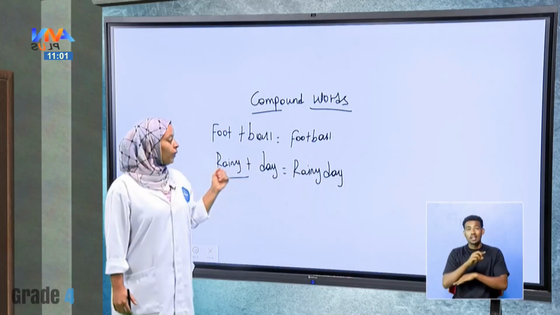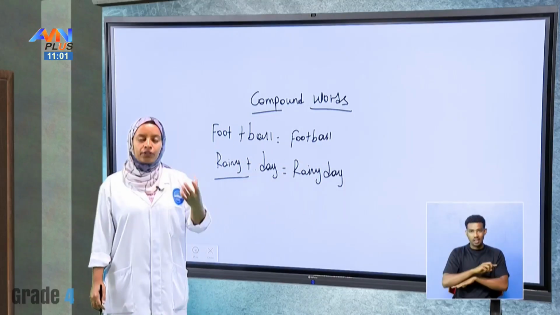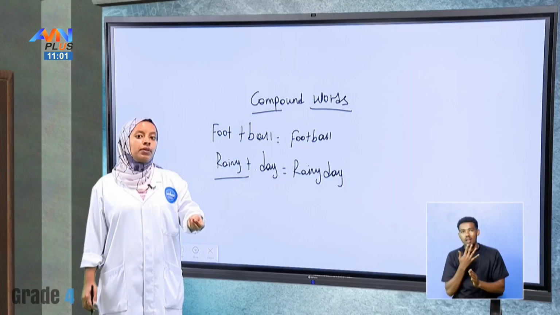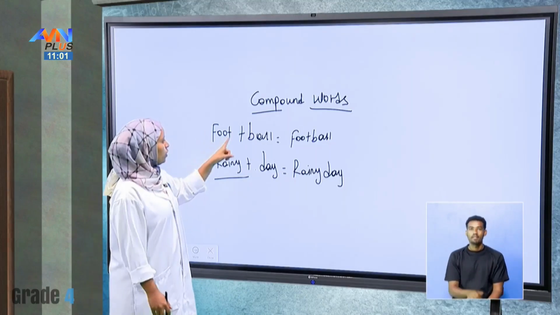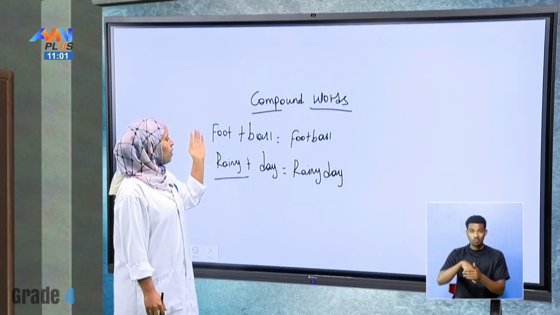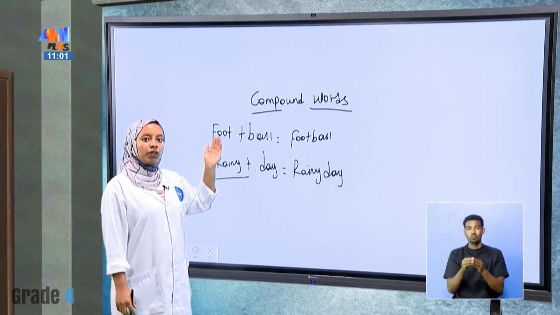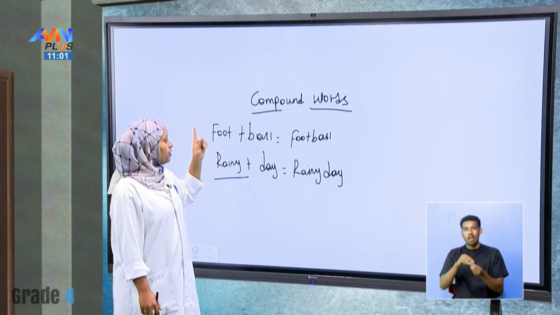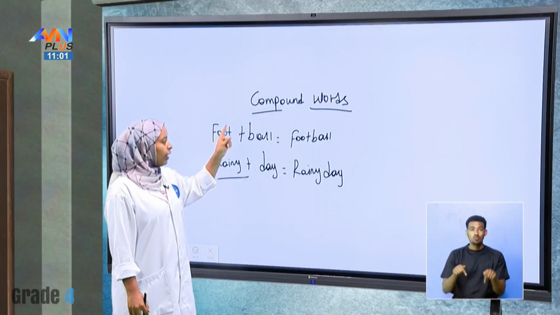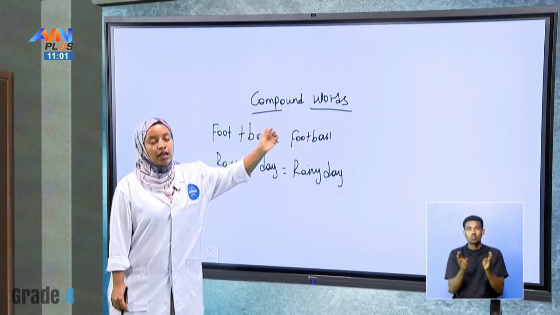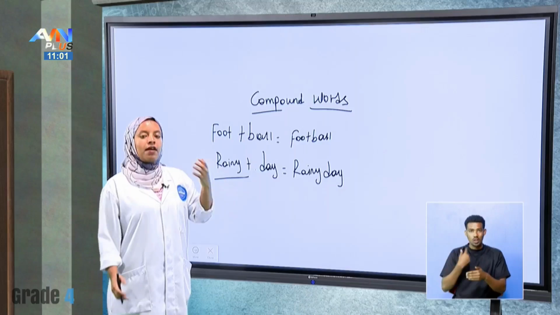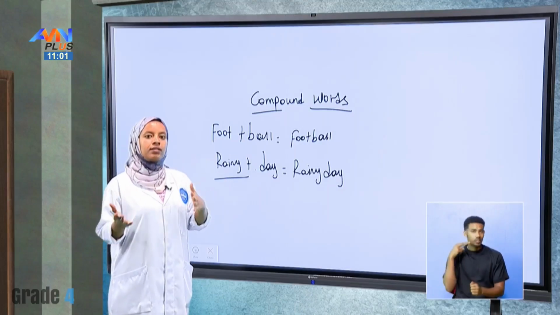And also, we can use a color adjective that describes the thing. And also, like foot, ball, this is an example of noun plus noun. Foot is a noun, and ball is a noun. Together, football. And also, we can use verb with noun.